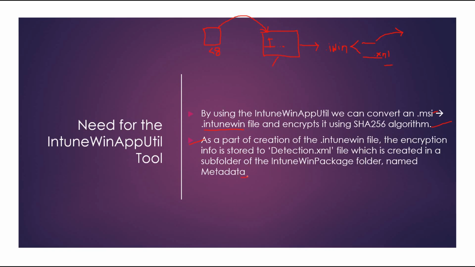We will be seeing all this. But the process is very simple. We take the input, we pass it through a utility. The output of that utility is the .intunewin file. If we crack open that intunewin file, we can see the installer is there as well as an XML file which contains some configuration. One of those configurations is the information on how to decrypt the package.